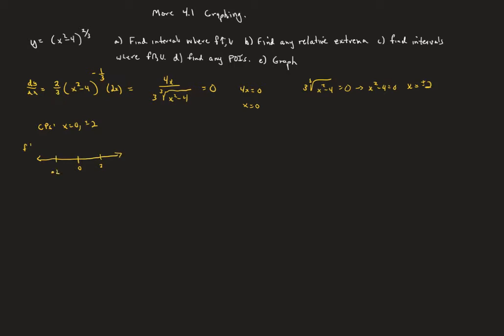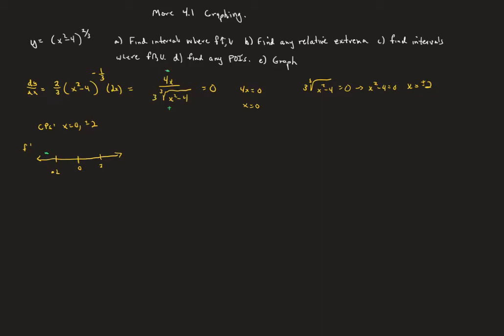Now we're looking for the sign of the derivative in each of these regions. When we plug in, say, negative 3, the numerator is negative, and squaring negative 3 gives positive 9, minus 4 is positive, so the denominator is positive. A negative divided by a positive is negative. If we plug in something between negative 2 and 0, say negative 1, the numerator remains negative.